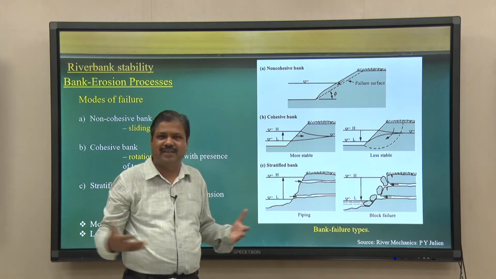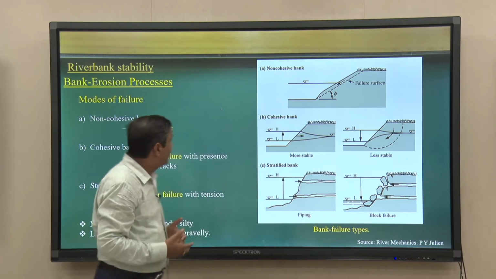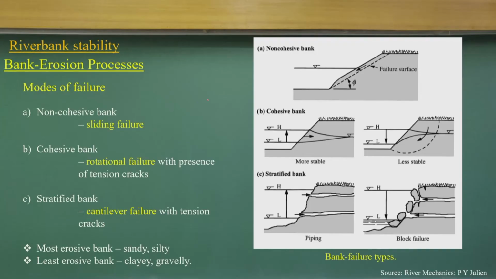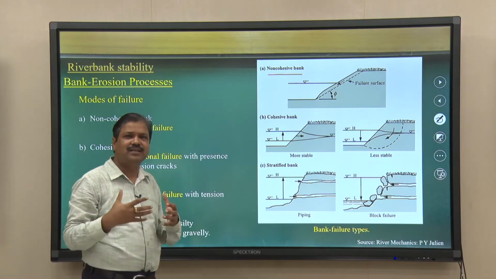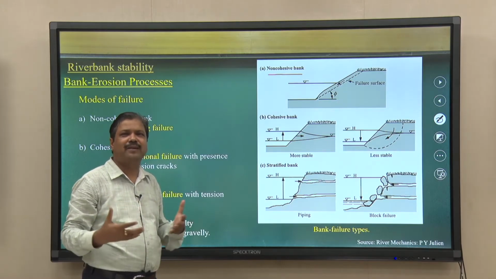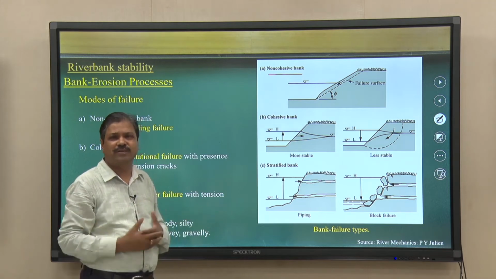It is not the same thing that happens everywhere. In some cases you consider a non-cohesive bed, meaning there is no significant cohesive strength in the bank materials. That means, as with sand materials, there is no cohesive strength.